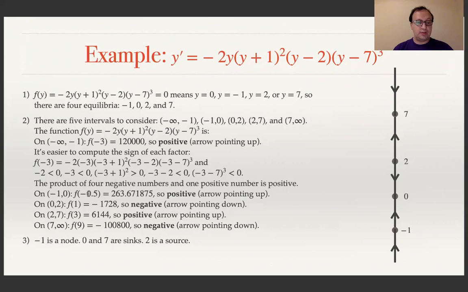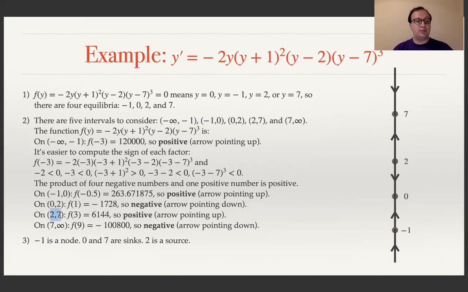F of -0.5 turns out to be 263 dot something, which is a positive number. On the interval 0, 2, let's pick 1. F of 1 is -1728, which is a negative number.